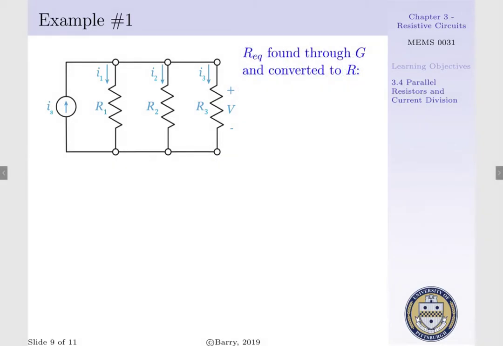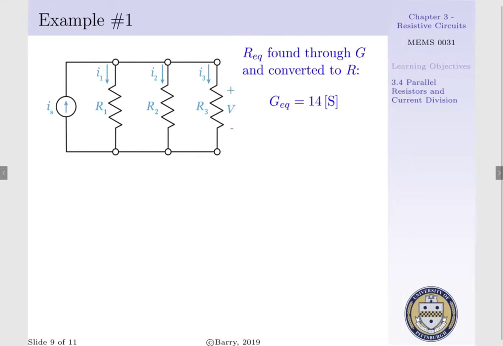Now, if we want to find our equivalents, we can do such by multiplying, say, R2 times R3 per R2 plus R3, making one equivalent resistor, and then making an equivalent out of R1 in that prior equivalent. That is messy and cumbersome, so we will find our equivalent resistance through our conductance.